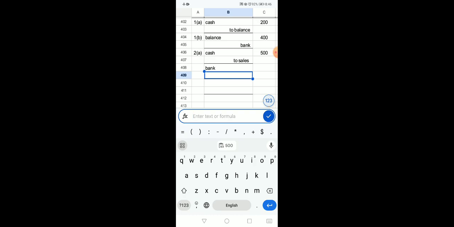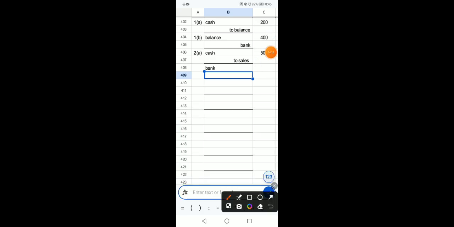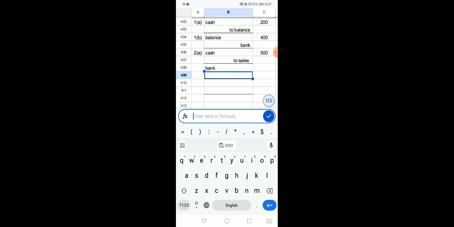How has the amount in bank account been increased? You have received the cash and same cash you are depositing into your bank. It means cash is going out. When cash is going out, your cash in hand is decreasing, asset is decreasing. Decrease in asset should be mentioned on credit side, so you will mention cash on credit side.